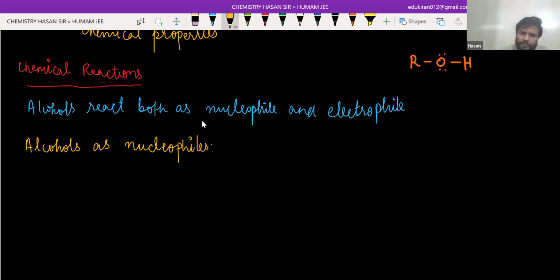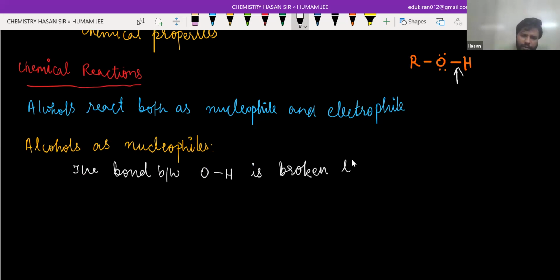Basically, if the bond between OH is broken, that means if you are going to break this bond, the OH bond is broken, then they act as nucleophile, or react as nucleophile.